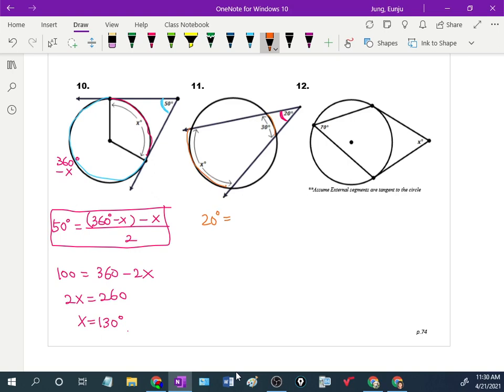So let's set up an equation. x minus 30 all over 2. That's right. So set up an equation and solve the equation. Let's double both sides. 40 equals x minus 30. So x will be 70 degrees. Okay.